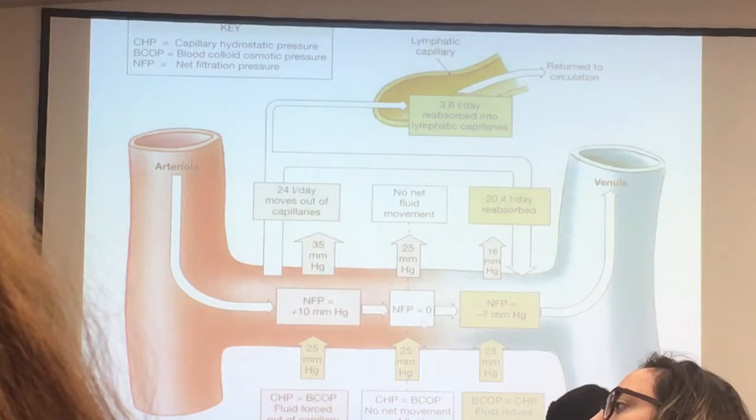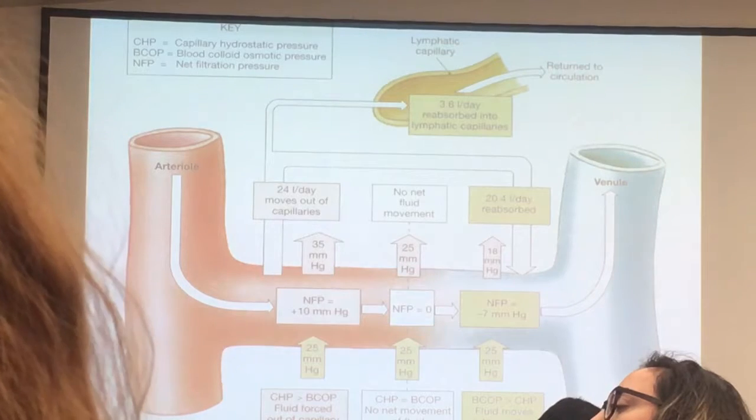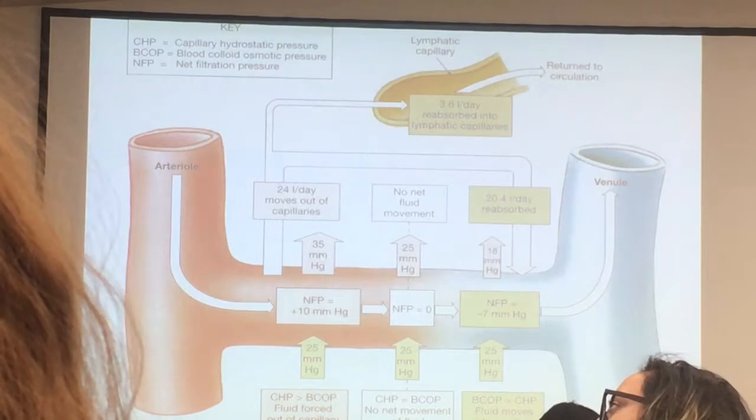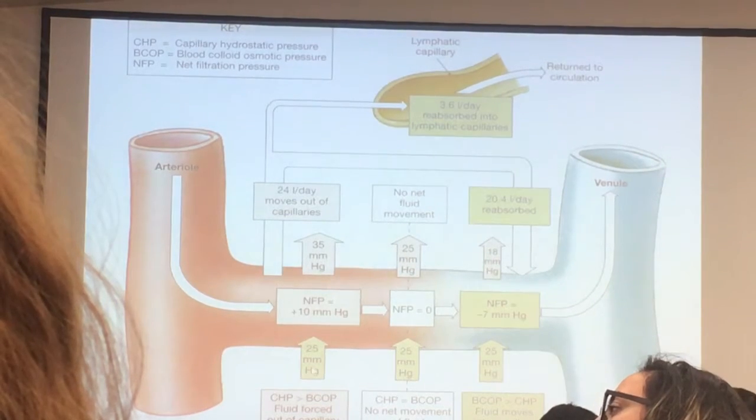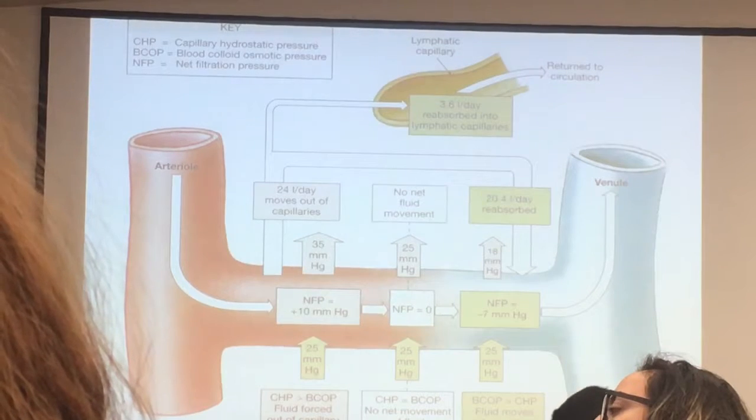It is controlled by protein because the fluid coming out of the capillary, the protein is always there. Okay, so we had 35 pressure out and 25 in, so we had net 10. Okay, so we are still at higher pressure, fluid out.